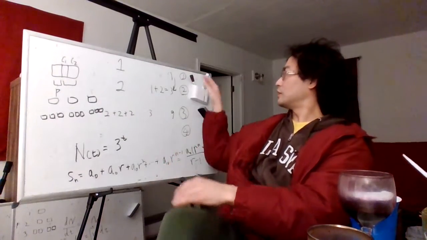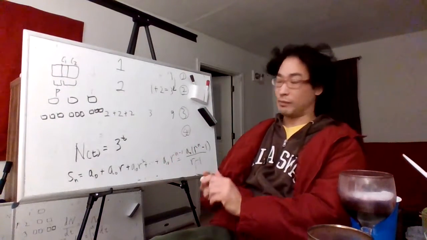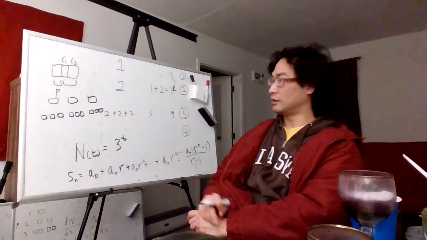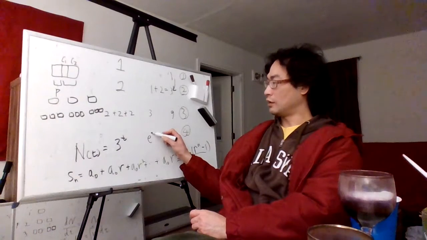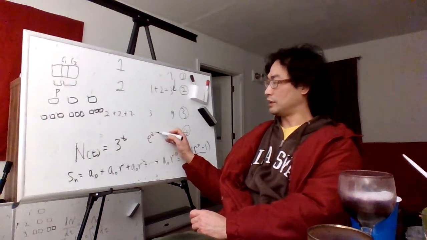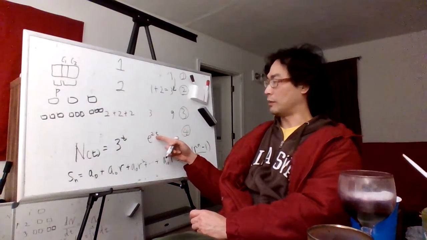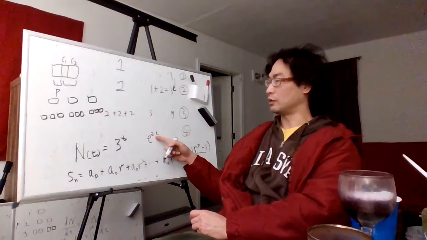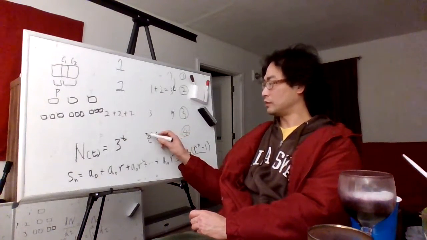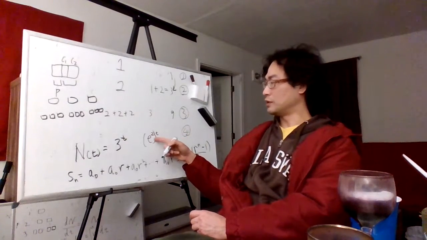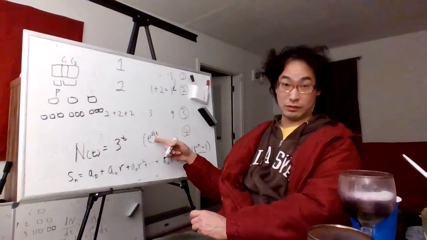Because according to this differential equation model, here you have two babies. So e to the 2t, r should be 2. 3 minus 1. But e to the second, which is about 2.7 squared.